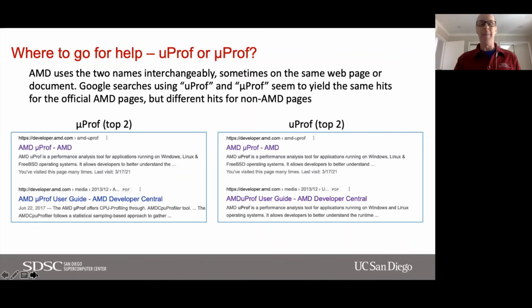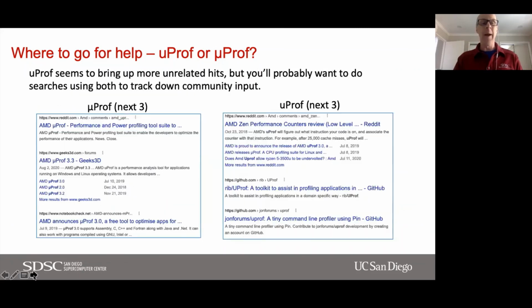So on the left, I did a search for muprof, and on the right, I did the search for uprof. You'll see that the top two hits are the same. But when I go a little bit deeper, you're going to see that muprof and uprof return different hits.